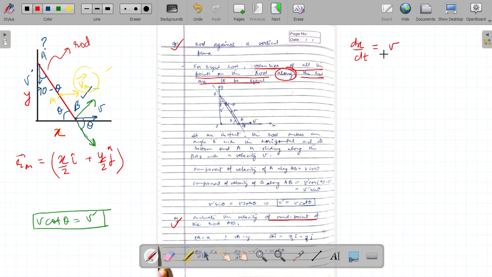So that means that dx by dt simply becomes V. In the same way, can we write dy by dt, as y is the y coordinate of the point A and how it is coming down, and that is represented by v dash. We know v dash is a positive quantity, so we write that dy by dt is minus v dash, to represent that y is decreasing with time, and we know v dash is v cot theta. So dy by dt is equal to minus v cot theta.